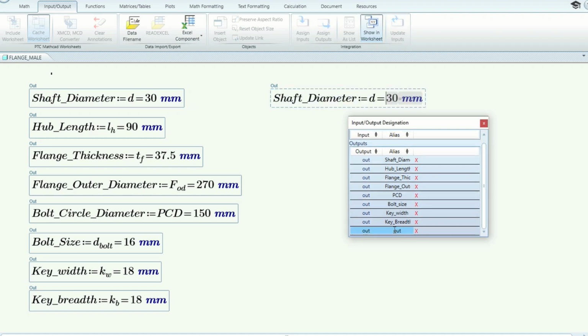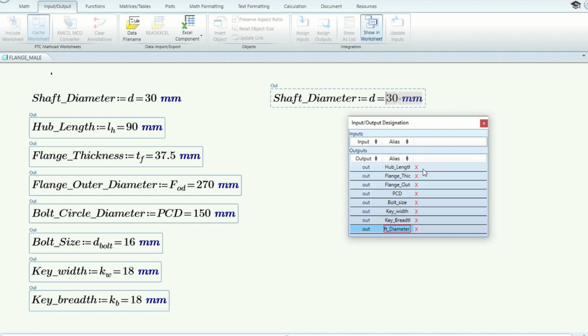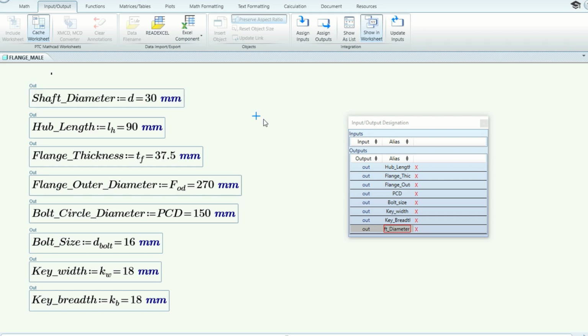If I edit this variable name like shaft diameter, the same shaft diameter is already there. It's deleted. Okay, now it's not a problem. I have removed this and assigned it. Okay, like that I have created for all these outputs in this tab.